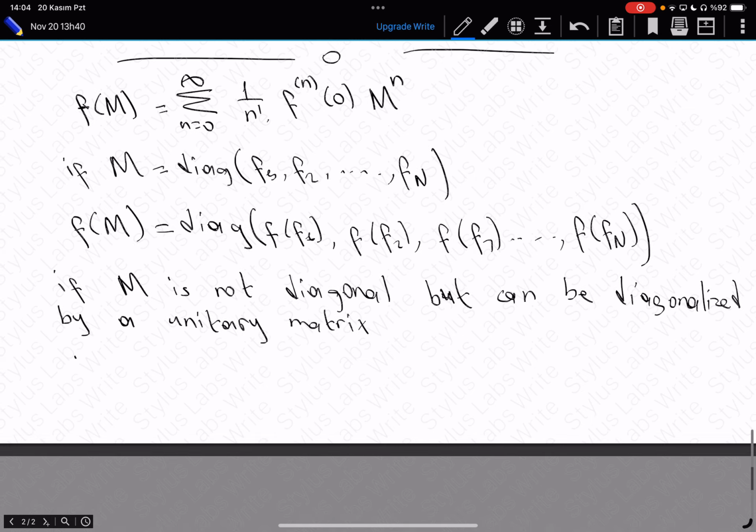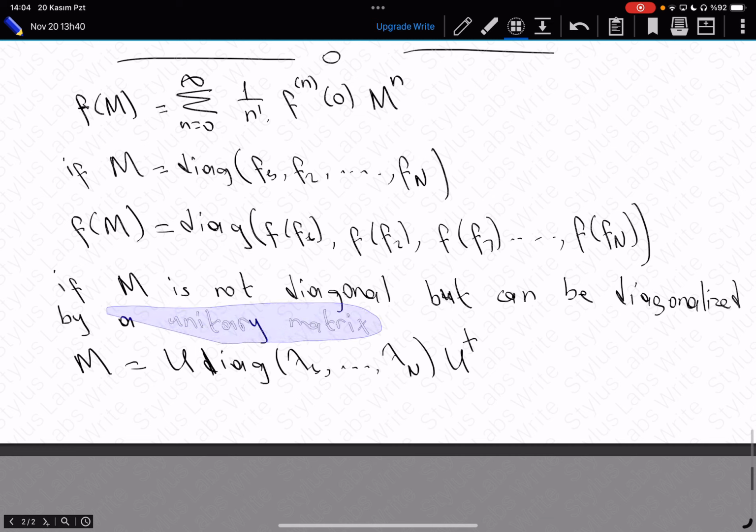In that case, M will be U, some diagonal matrix lambda 1 to lambda n, U dagger. Or let's say it can be diagonalized by U and U inverse. The crucial thing is one is U, the other one is U inverse. You have to make that choice.